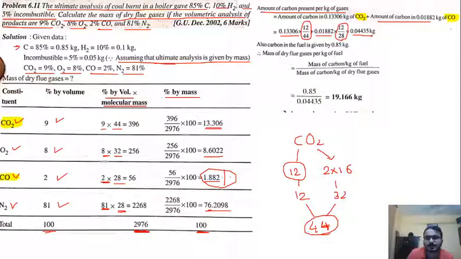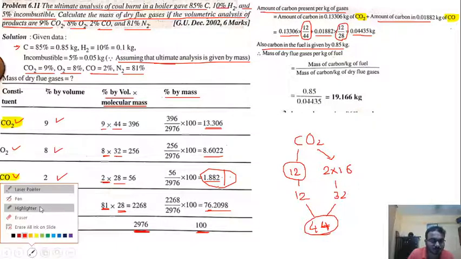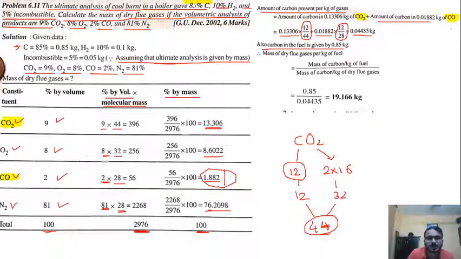One more thing we need to add here is that the carbon present in the fuel is 0.85. It is written over here, that is 0.85 carbon is present in the fuel.